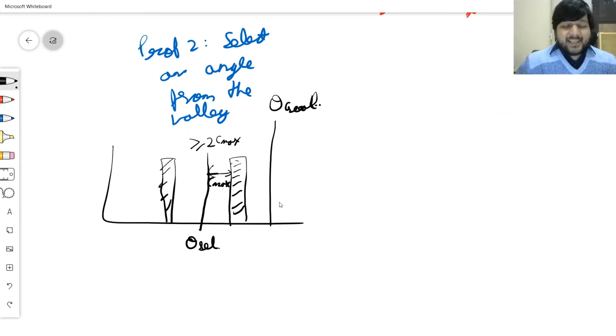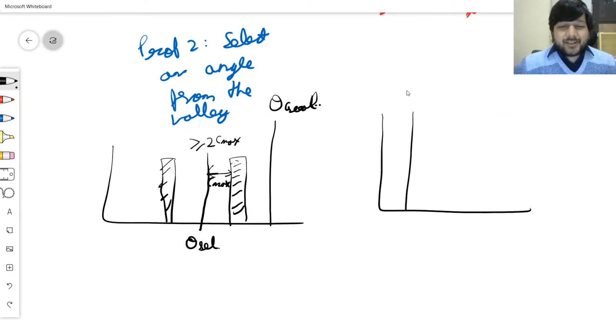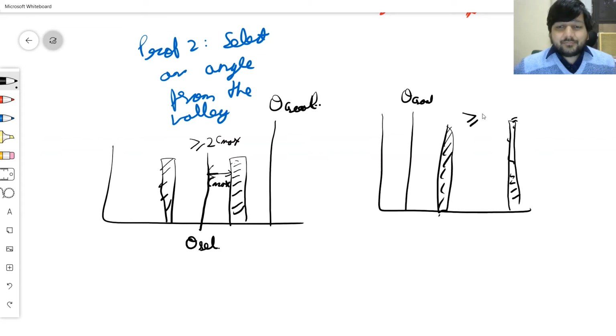So that's case number 1. I can have the opposite case as well, if theta goal was here and this was my wide valley. Then I'll go Cmax here, and this would have been my theta selected.